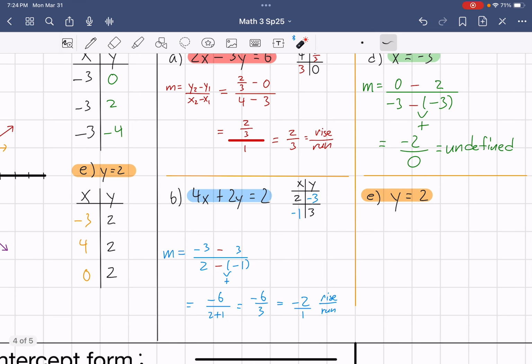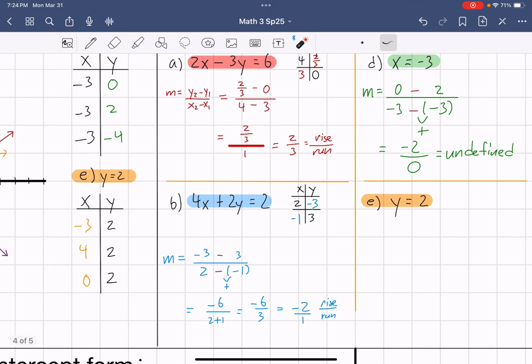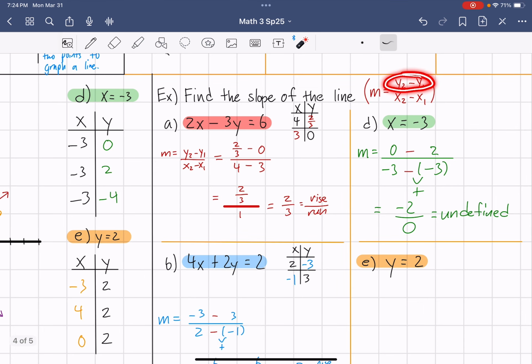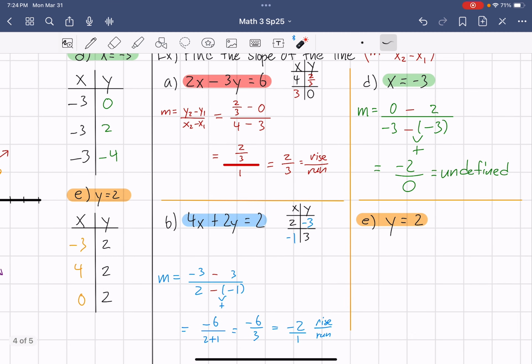Now, similarly, let's look at this next example. Remember, this made a horizontal line. But once again, this told us all our y values needed to be exactly the same. And the formula tells us our y's are going to subtract each other. If they're the same number, you're going to come across 0 again. But this one's going to be slightly different, because it's going to be 2 and then the negative 3 minus 2 minus 4.